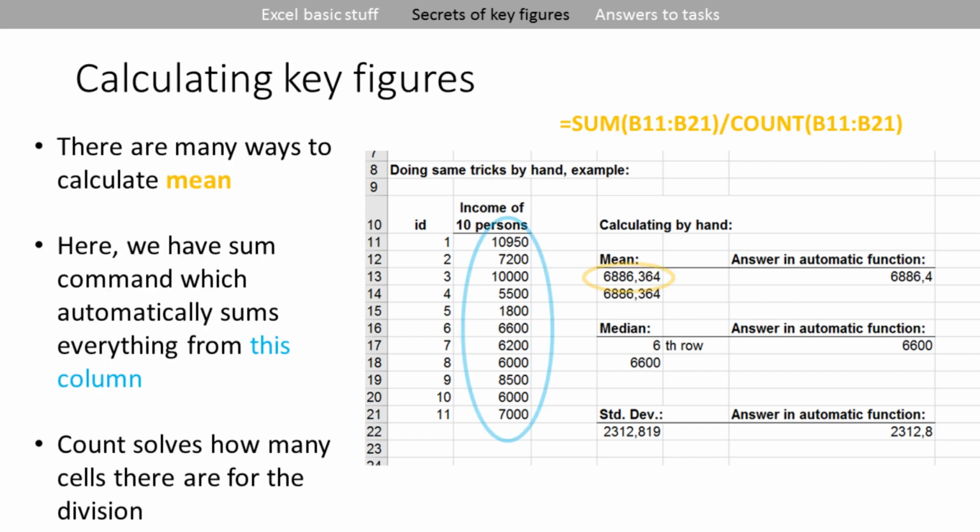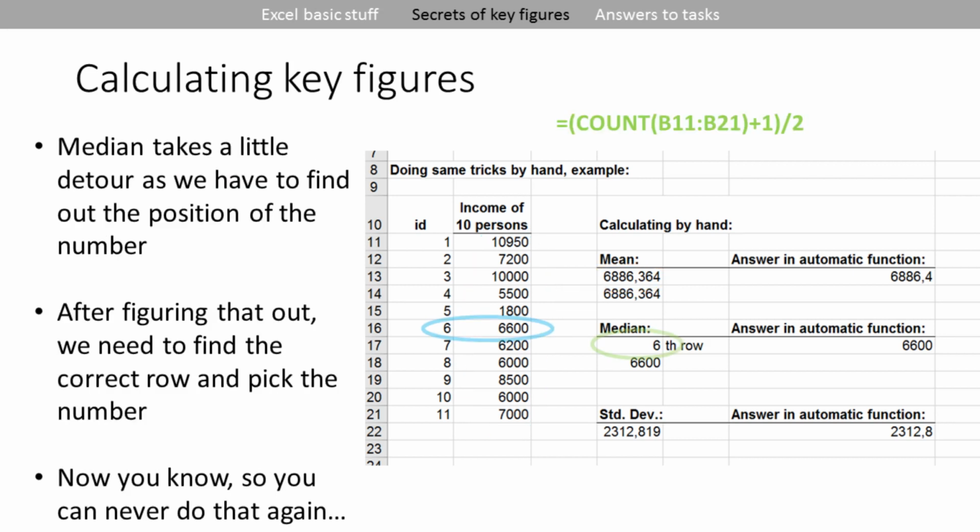For example, there are many ways to calculate mean, and here we have a sum command which automatically sums everything from this column, and we are using that with the count command which counts every row or observation count from the column, so you don't have to put every calculation inside there one by one in every cell. You can just use these kinds of functions to get faster results if you're doing some custom work.